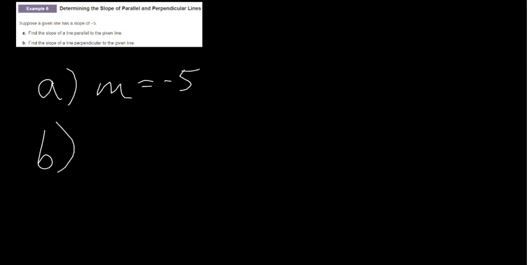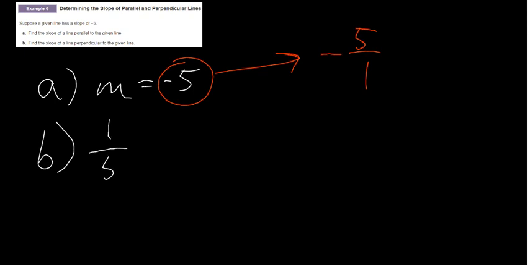So here's the rub. This is a -5. If I were to write -5 in a fractional form, I could say -5/1. Well, if I were to flip it upside down and change the sign, then it would be 1/5.